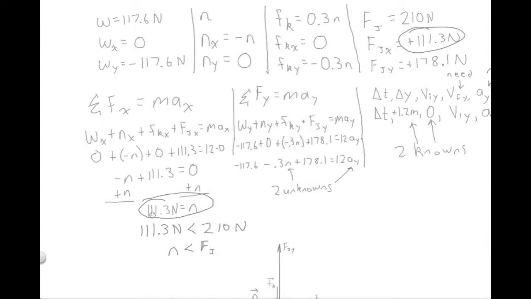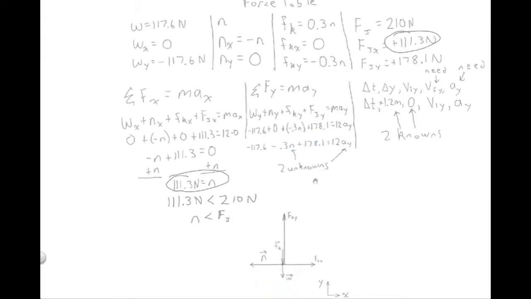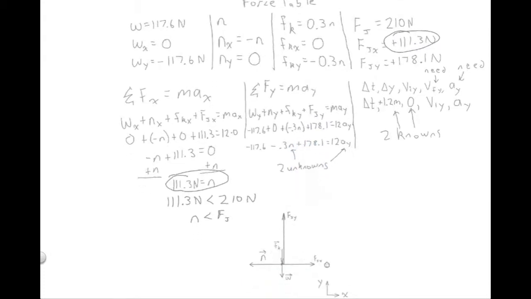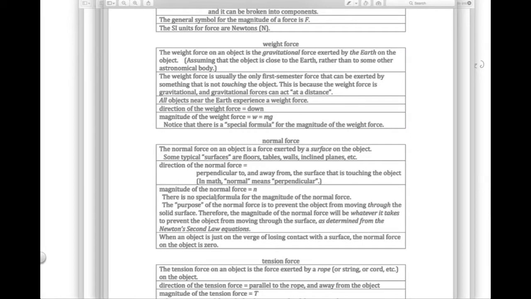The normal force is 111.3 newtons, and that equals the x component of Jessica's pushing force in magnitude. And we've seen that that makes good sense, because the x component of Jessica's pushing force is exactly what the normal force has to cancel to prevent the object from moving through the surface of the wall.